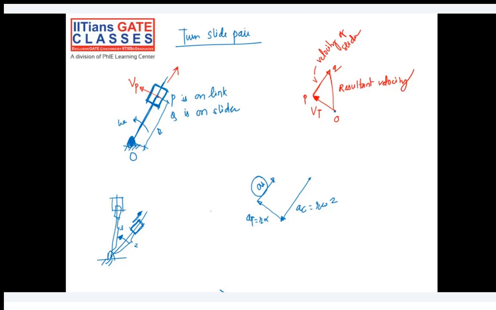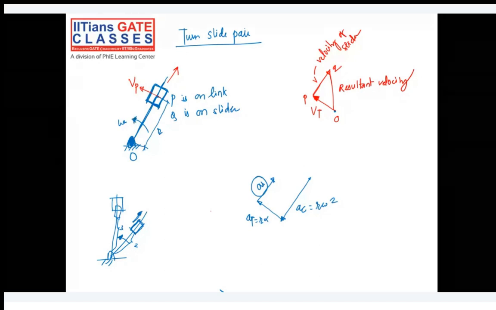Rotate. So basically you have to rotate the velocity vector in the direction of angular velocity. This is the velocity vector of the slider, and if you rotate it in the direction of angular velocity, the rotation, it will be here. So I'll draw this is the Coriolis component of the acceleration.